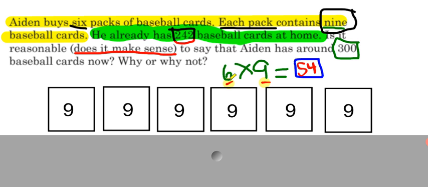Which is 54. He bought 54 baseball cards, basically, right? 54. And he has 242 baseball cards at home.